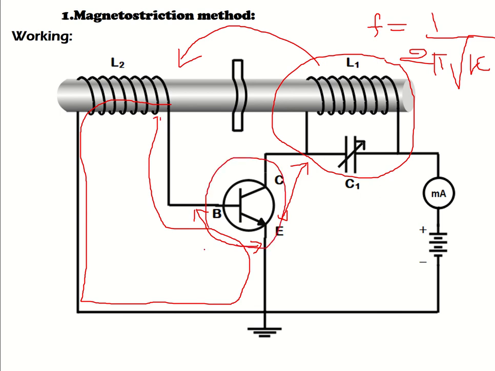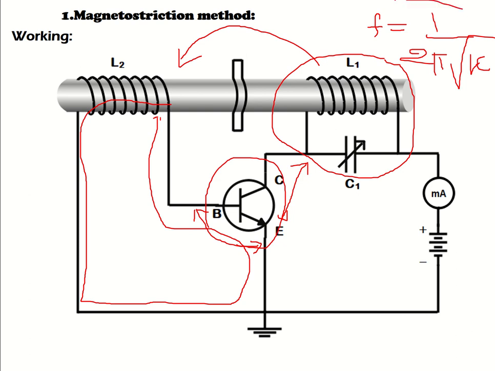So in this way, continuous feedback amplification will take place and a very high amplitude signal will be generated inside this particular circuit. And due to this signal which is passing through the L1 and L2 coil, this ferromagnetic rod will oscillate with a particular frequency.